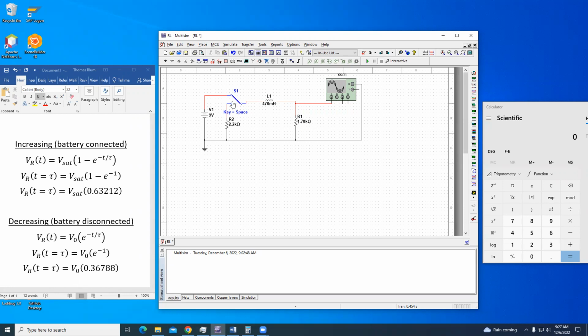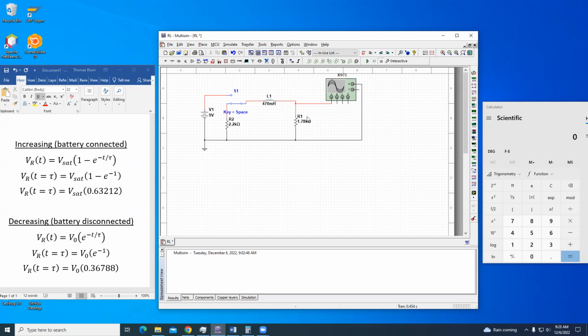Without the inductor, it would be a fairly immediate rise, almost the flipping of the switch, and the voltage across the resistor would rise quite rapidly. This is going to slow it down, and we're going to see a slower rise over some time. And that's what we'll be interested in, the time constant for how long that takes.